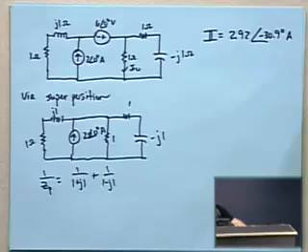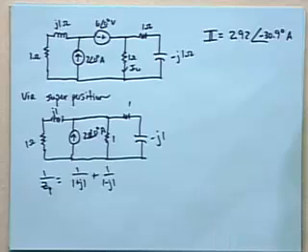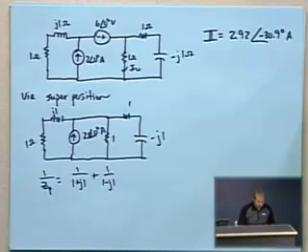And here's where we need to start firing up the calculators, making sure we can do our complex arithmetic. So 1 over 1 plus j1 plus 1 over 1 minus j1, and then flip that, and we get 1.